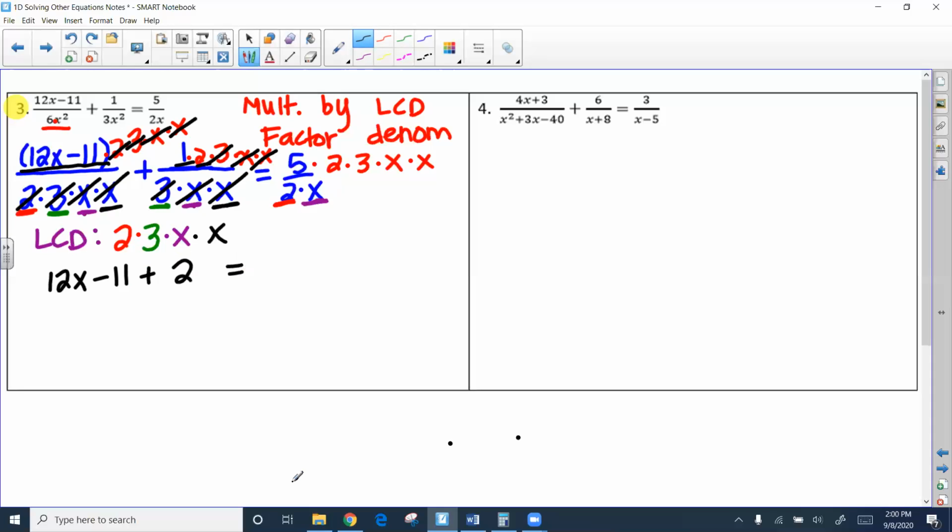And then from the other side of the equation, the 2 divides out, and one of the x's divides out. And we're left with 5 times 3 times x. I am going to multiply that out, and that will give us 15x.